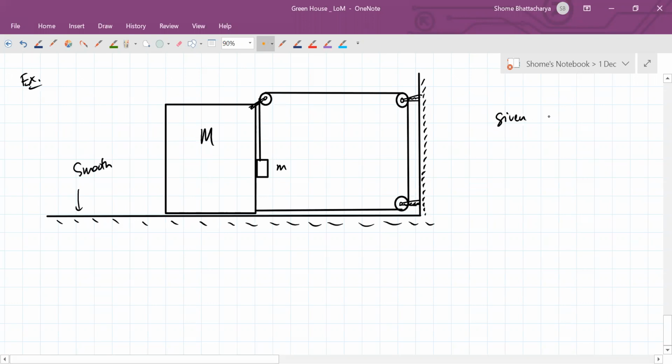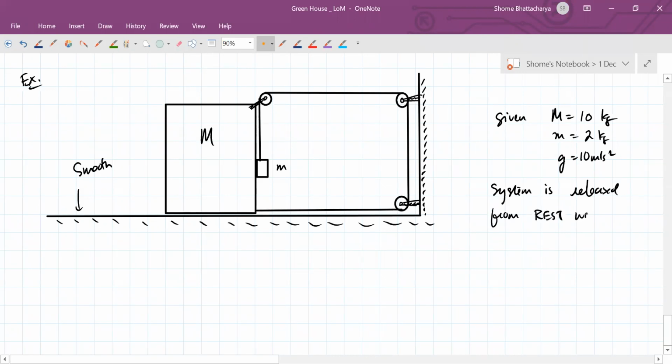So given that the mass of this larger block is 10 kilograms and the small block is 2 kilograms and g is equal to 10 meters per second square, this system is released from rest with the thread taut, and all the surfaces are smooth, so even this surface is a smooth surface.